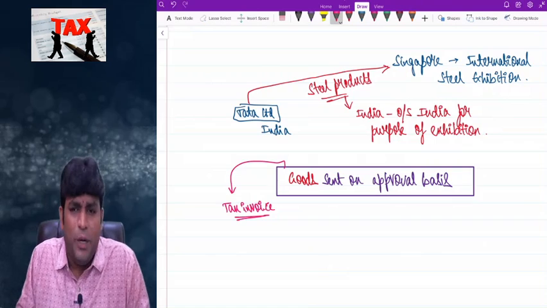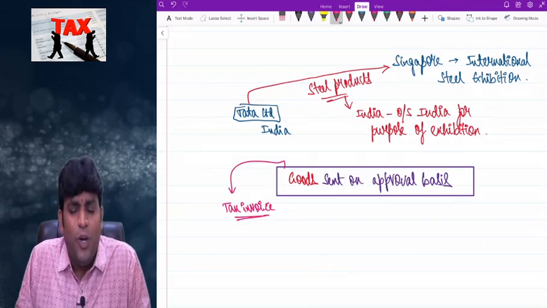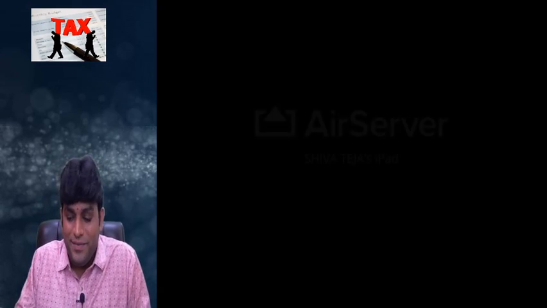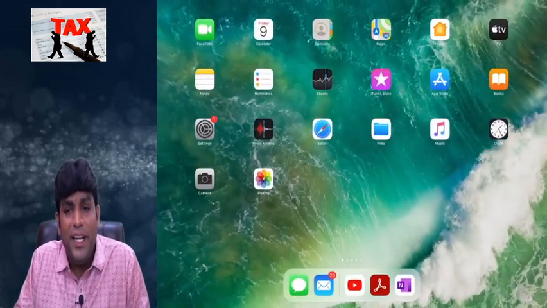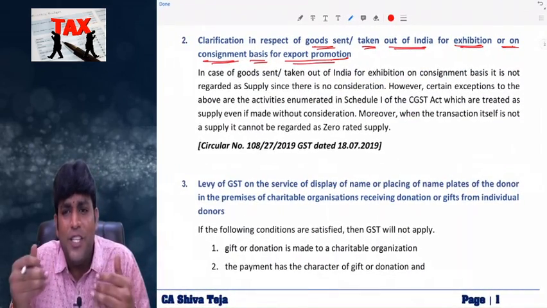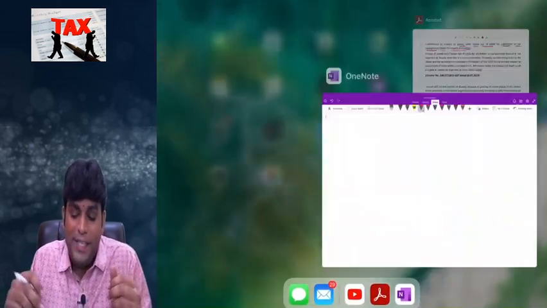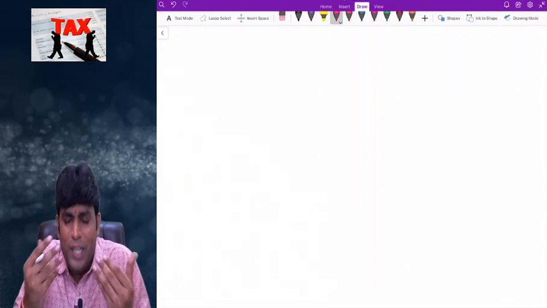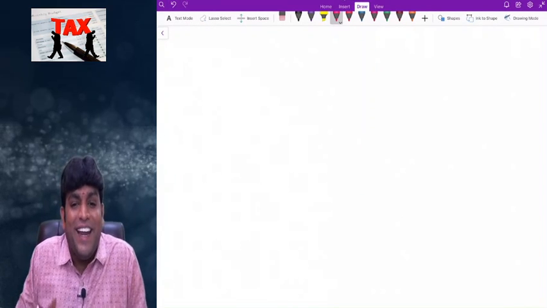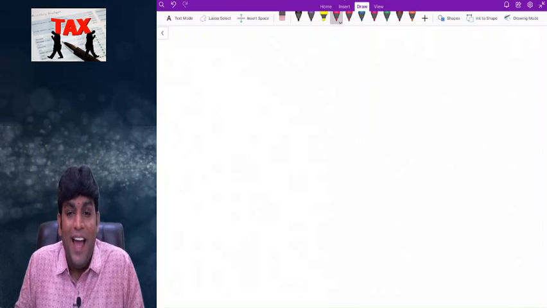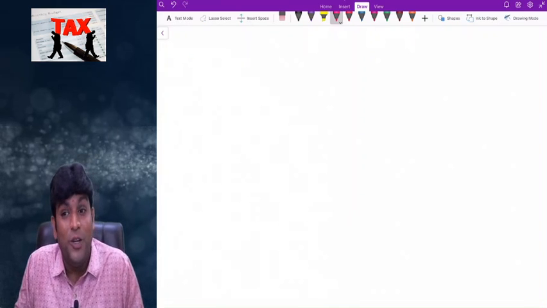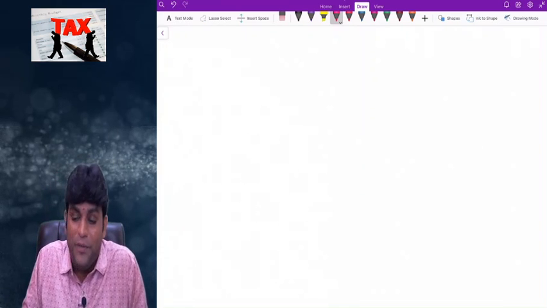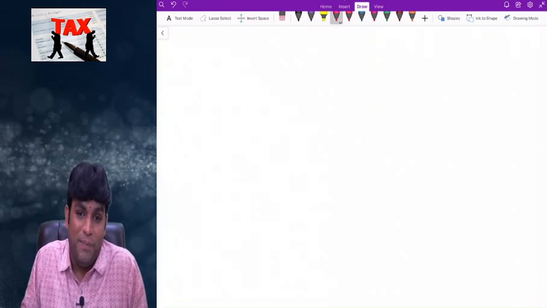Let me go back. And one more interesting point, let me tell you, sir. When we discussed very clearly here that this transaction is not a supply at all, now, basic fundamental point, when it is not a supply, it cannot be regarded as a zero rated supply. I hope you know this concept of zero rated supply. There is a small difference between exempted supply and zero rated supply.